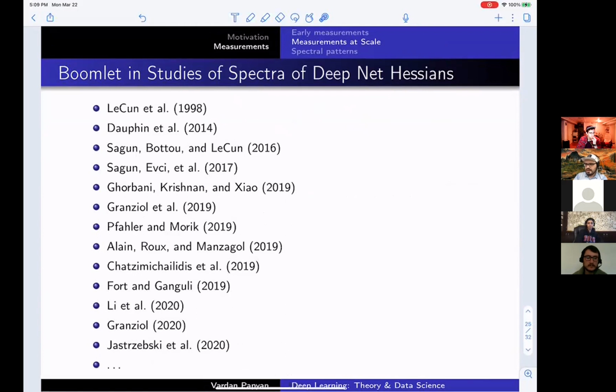Okay, so as a result of this ability of approximating the Hessian of large models, we saw that many people were interested in studying the spectrum of the Hessians. So you see how around 2019, there were many different works that looked at the spectrum of the Hessian.